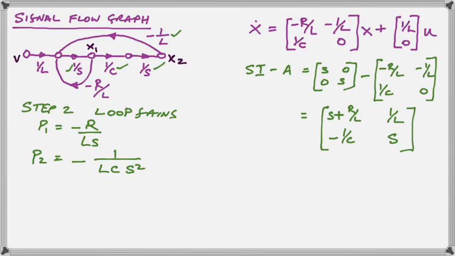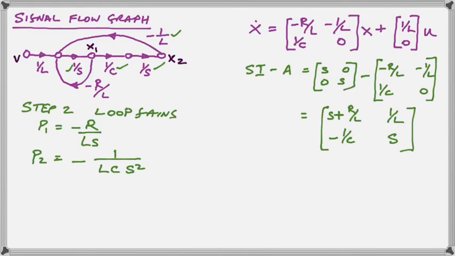You have minus R over L and 1 over S. And in the larger loop, you have minus 1 over L, and then you have three forward things, 1 over S, 1 over C, and 1 over S, as ticked there in green. So for the second loop, you have minus 1 over LC S squared. That should be obvious as you study the loop.